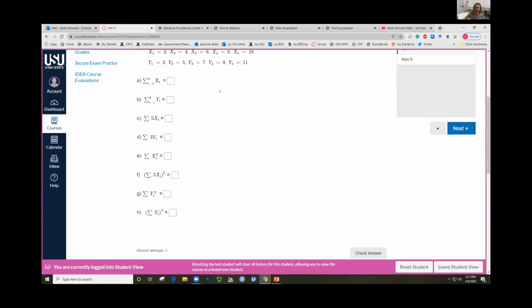You can check A through H, that group, 3 times. That's why I would do all of them before you check your answer, because you only get to press this button 3 times, and then you can't push it anymore. And if you ever run out of attempts and you know what it is, email me and I can override the scoring.